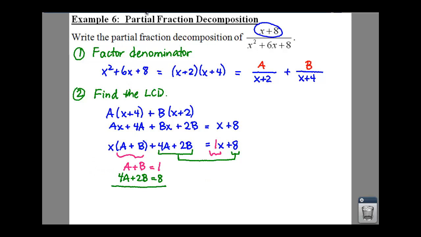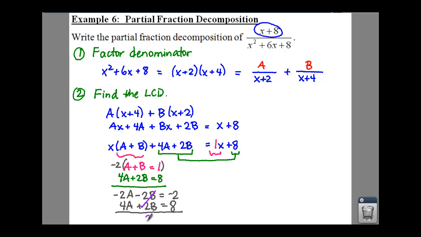So I'm going to multiply the top by -2. That way we can get rid of our b's first. So we're going to have -2a minus 2b is equal to -2. And then we're going to end up with, on the bottom, 4a plus 2b is equal to 8. So if we cancel out your 2b's, those are gone.